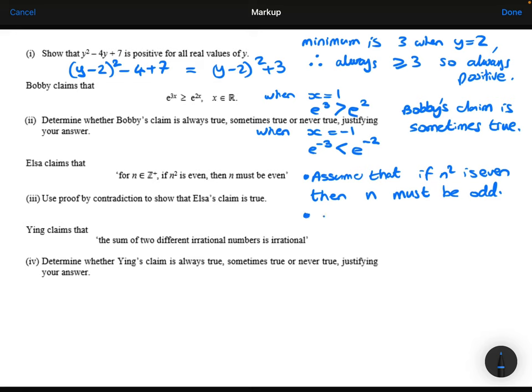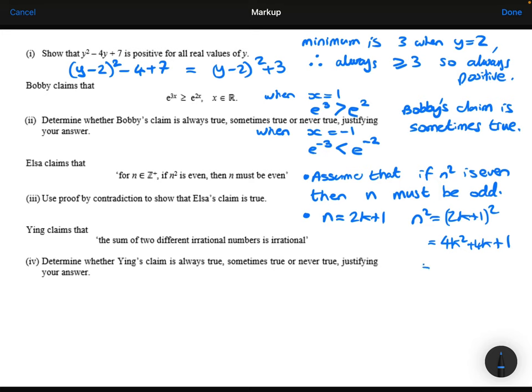Right, so if n is odd, I can say n is equal to 2k plus 1, which would mean that n squared would be 2k plus 1 squared, which would be 4k squared plus 4k plus 1.